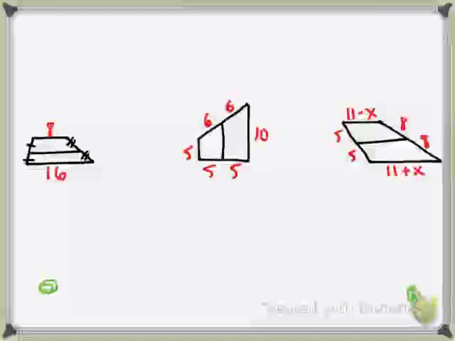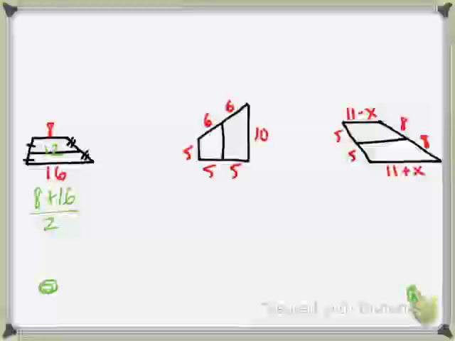How do we find an average? Add and divide by 2. So for the first one, I would do 8 plus 16 and divide that by 2. 8 plus 16 is 24, divided by 2 is 12. So that median should have a length of 12. For the middle one, remember that your bases are the parallel sides, not necessarily the top and the bottom.